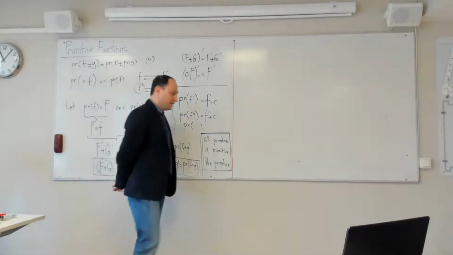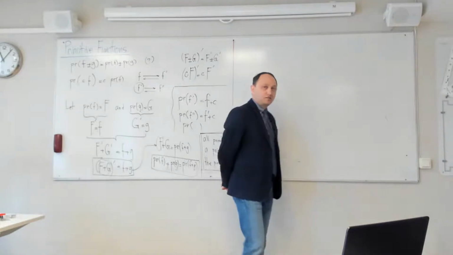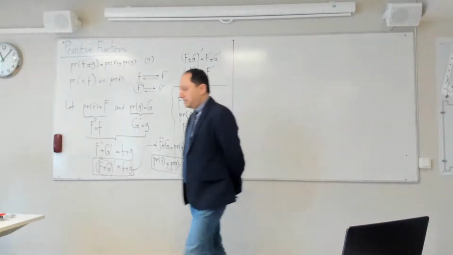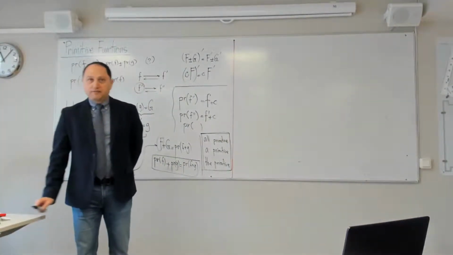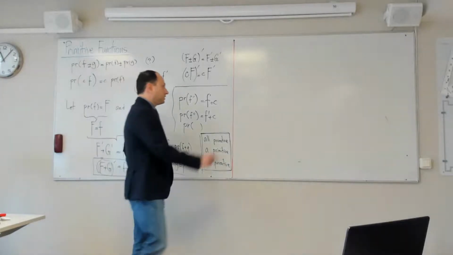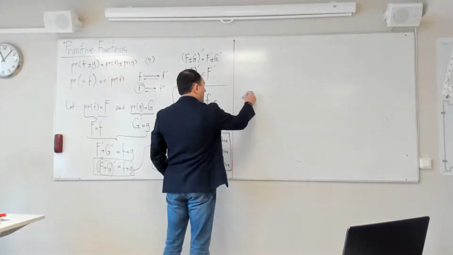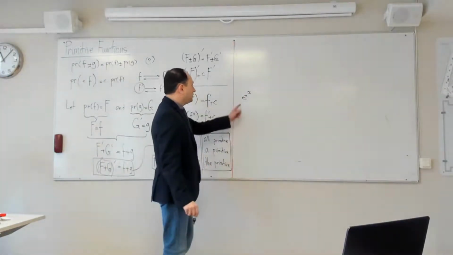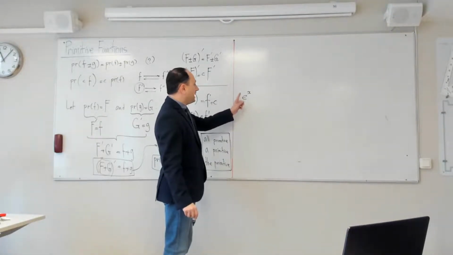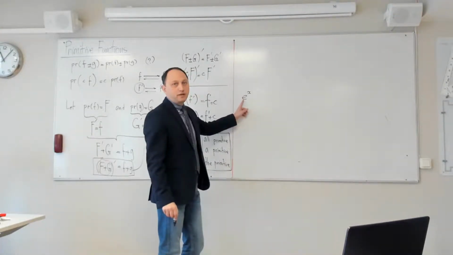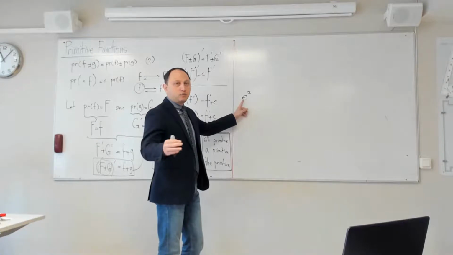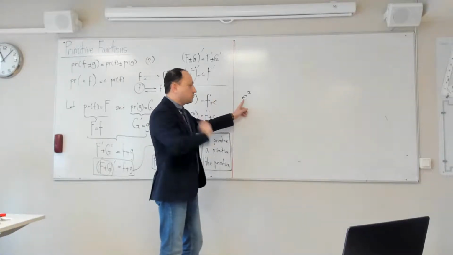Even if it doesn't necessarily have to be a very complicated function. If I ask you what is a primitive function for e to power x, I am asking you about a function whose derivative is equal to this.